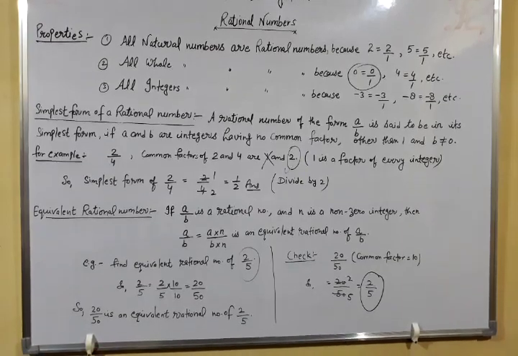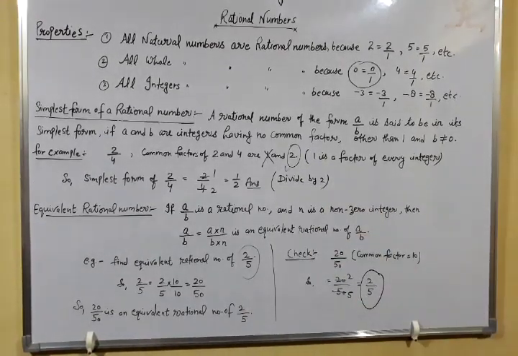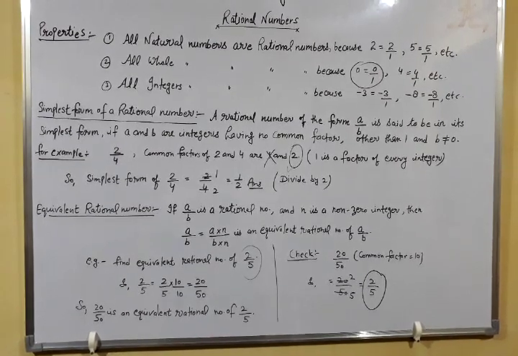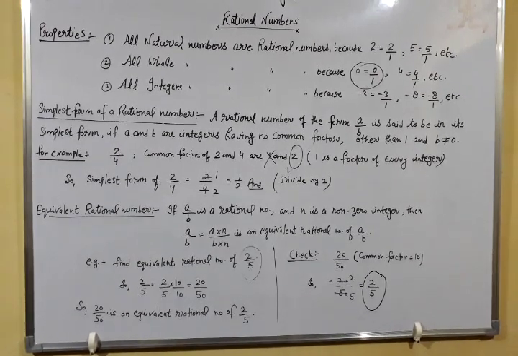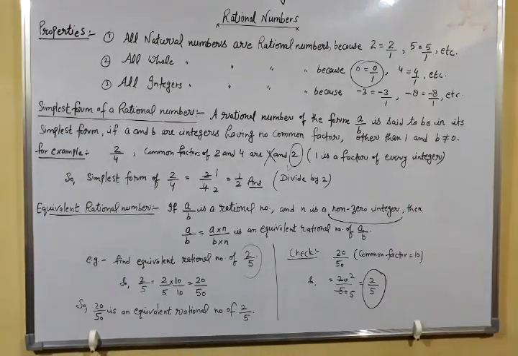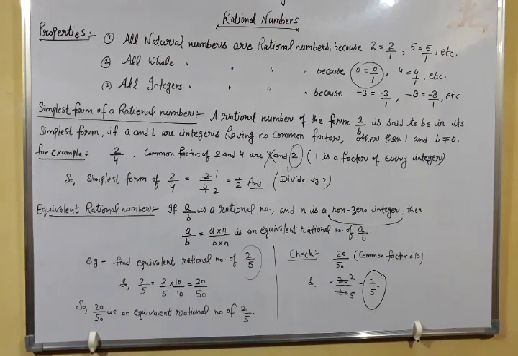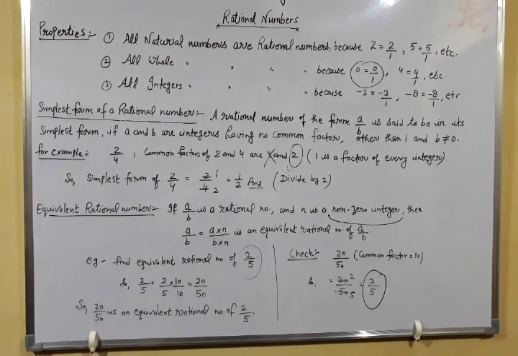In general, whenever we have to find an equivalent rational number of any rational number, we will multiply that rational number by any non-zero integer. That non-zero integer can be any positive or negative integer, but it cannot be equal to 0.